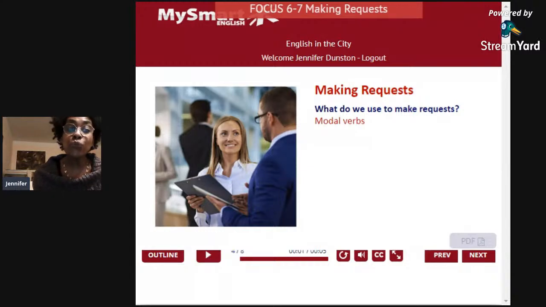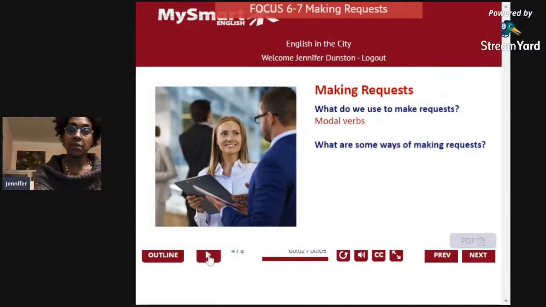We use modal verbs to make requests. Do we remember what our modal verbs are? There are specific modal verbs we use to make requests. There are other modal verbs, but not all of them are used to make a request. Could I?